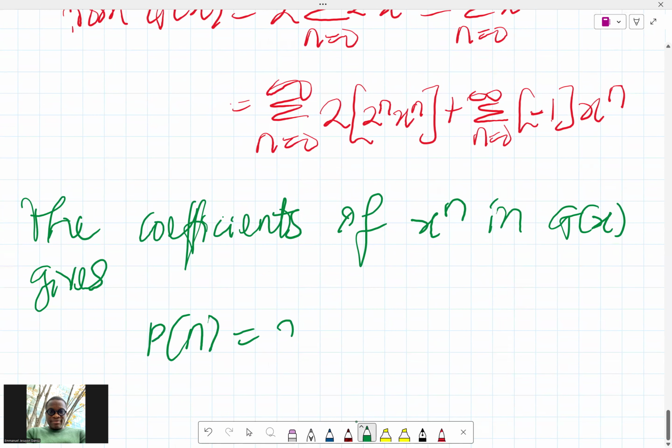The Pn now is 2 into 2 raised power n, x raised power n, right? Minus, no, we don't need the x raised power n anymore, right?